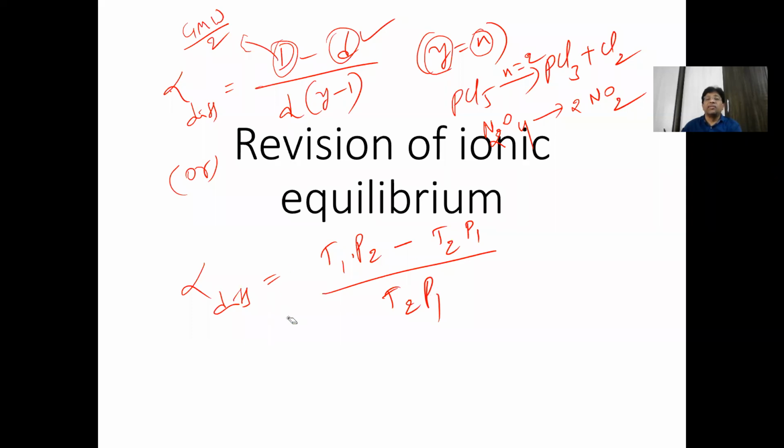This formula can also be used to calculate the alpha value. From vapor densities we get the first formula, and this formula is used when we are given initial temperatures and pressures and final temperatures and pressures. So this is about chemical equilibrium.